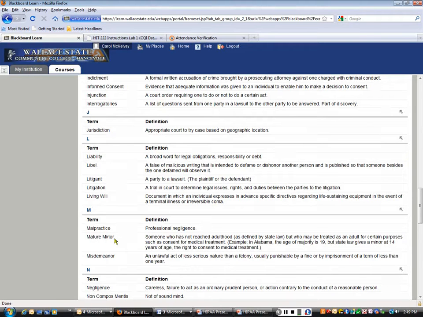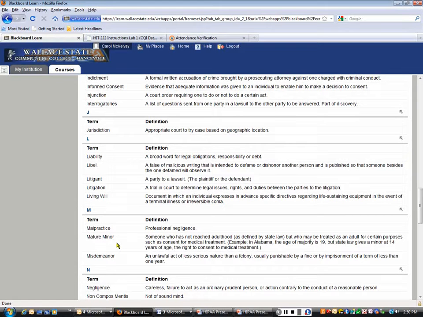Mature minor, we just talked about that when we were talking about emancipated minor. I kind of am harping on this because it seems to be two definitions that sometimes students can't really get their heads around. Mature minor means someone who has not reached adulthood as defined by the state law, but who may be treated as an adult just in certain circumstances.